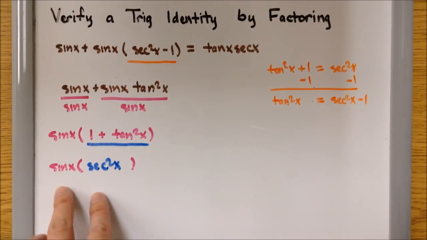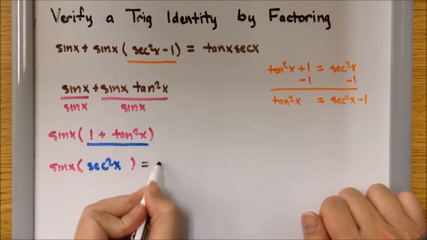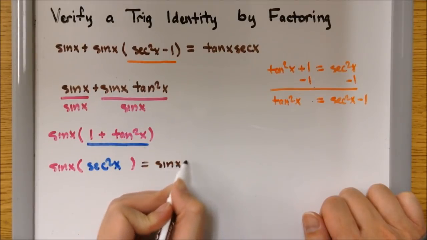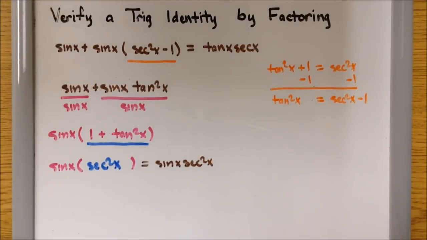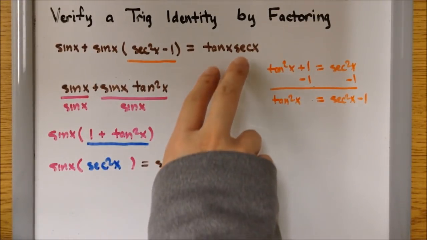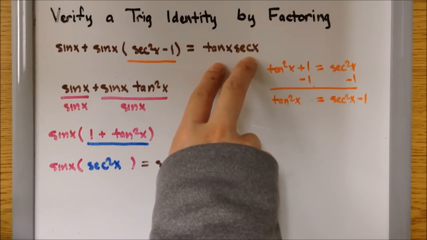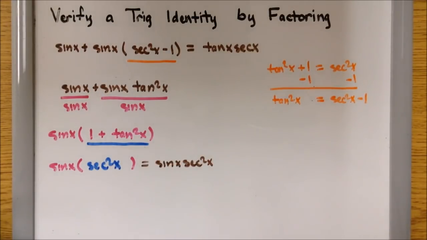So now we have sine of x times secant square of x. So that's the same thing as if it was just sine of x secant square of x. Now, looking at that, it's supposed to be tangent of x times secant of x, we're still not done.